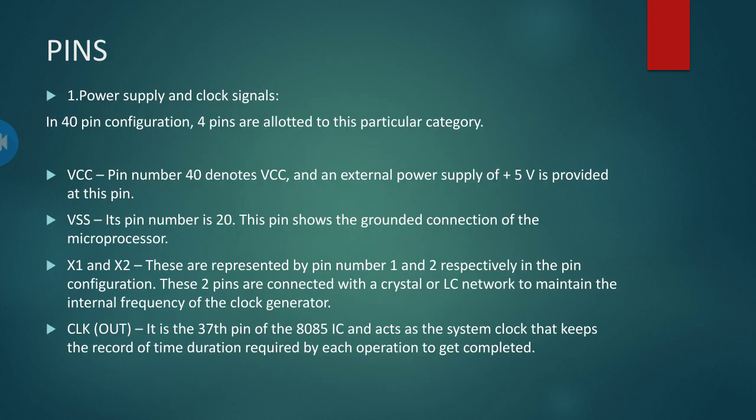I have written in the slide that VCC pin is pin number 40, which is used to provide power supply, and the power supply is plus 5 volt. 8085 always operates at positive 5 volt, whereas VSS pin is the ground pin. This pin shows the grounded connection of the microprocessor.